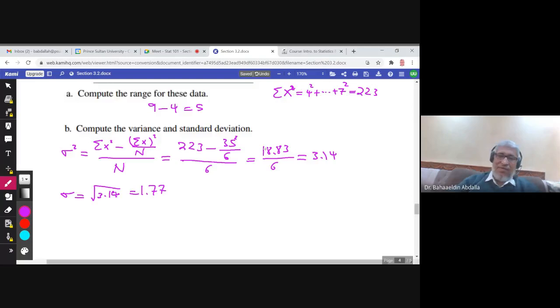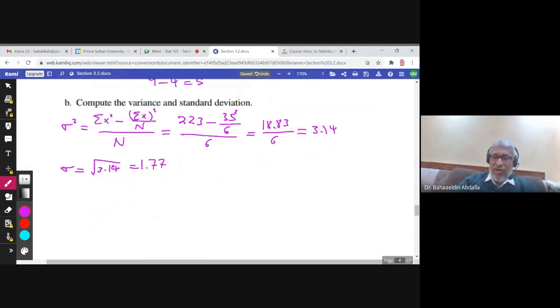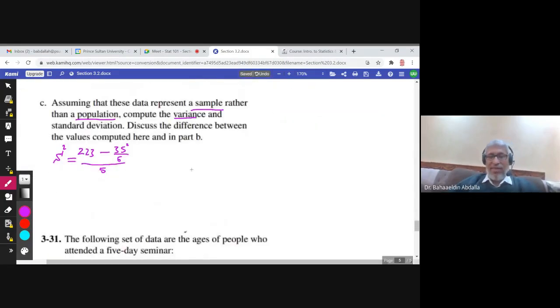So I still have 223 as summation x square, 35 as summation x, 6 as the number of the data, but here I divide by 5. So actually, I'll have 18.83, the same number in the numerator, but I will divide this number by 5 instead of 6.